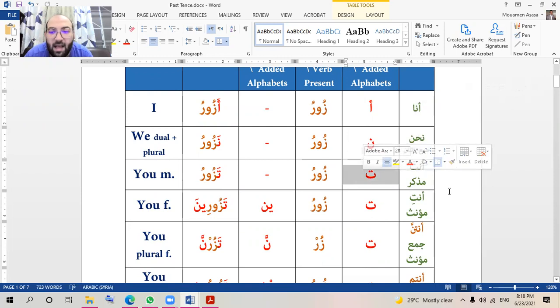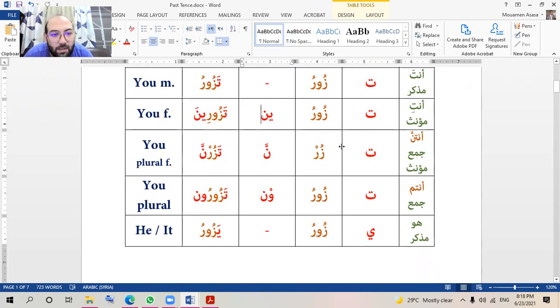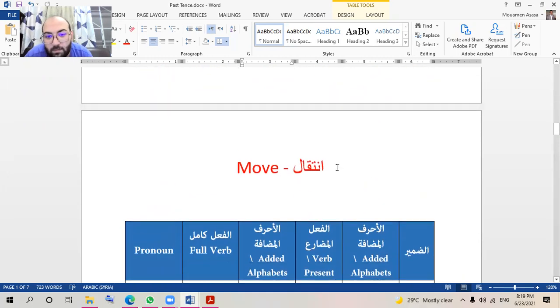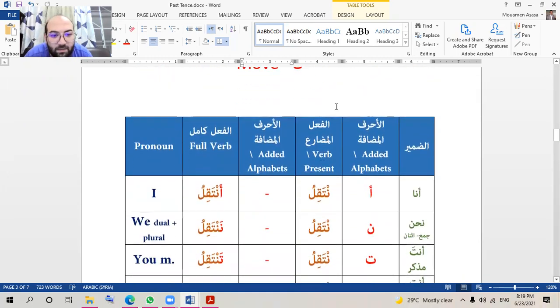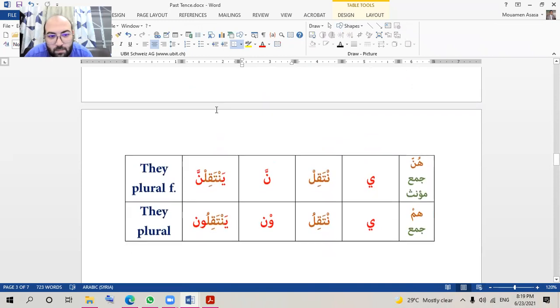Anta, we add ta. Anti, we add ta at the start, and ya and noon at the end. This added alphabet gives us who is the person doing the verb. This is the structure of the present. Any question until now? No. This is fi'il mudari'. We took it a lot before. Okay. Any question? No.